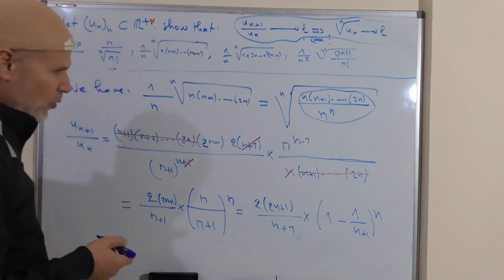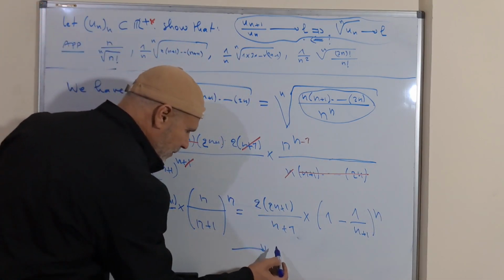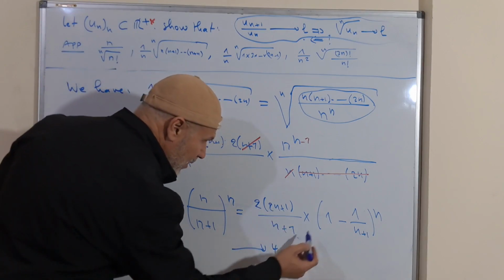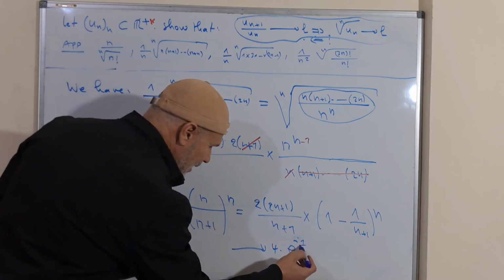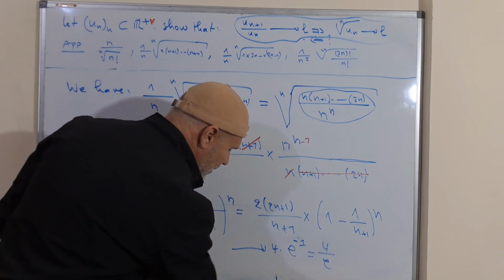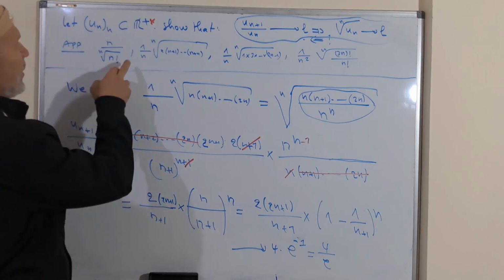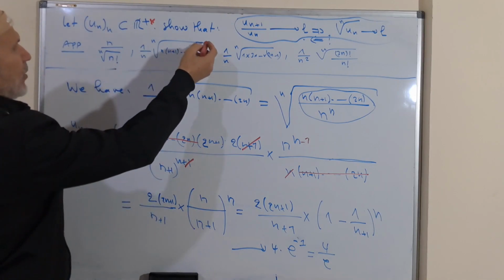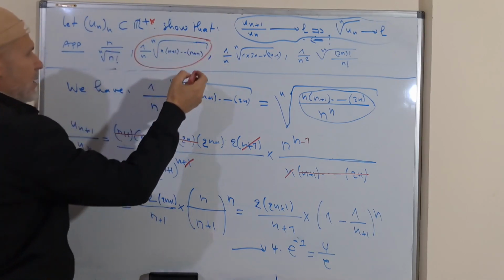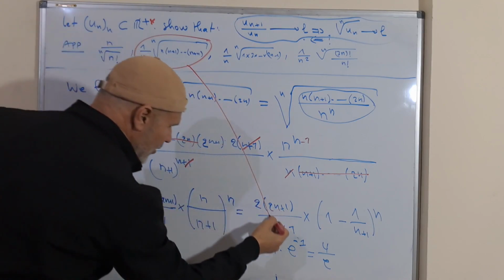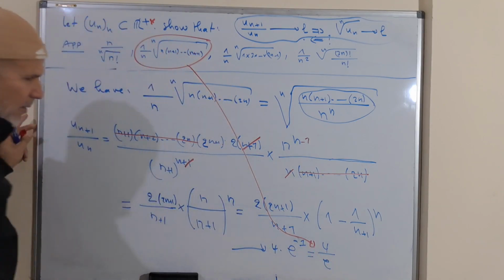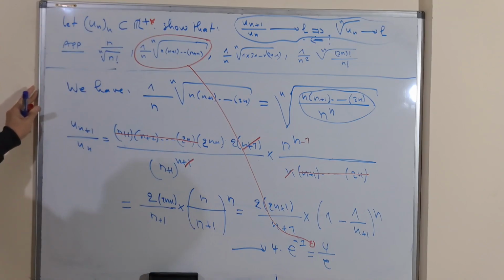When n goes to plus infinity, this converges to 4 times exponential minus 1, which is 4 divided by e, the Euler constant. As a conclusion, the limit of this sequence converges to 4 over e.